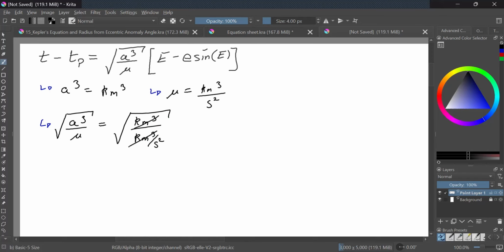Kilometers will cancel out. That's going to leave us with the square root of seconds squared. Lo and behold, we're left with seconds. So, indeed, yes, there is a time element associated with that connection. And it was so prominent that Kepler spent a lot of time and energy to highlight that point in his works.